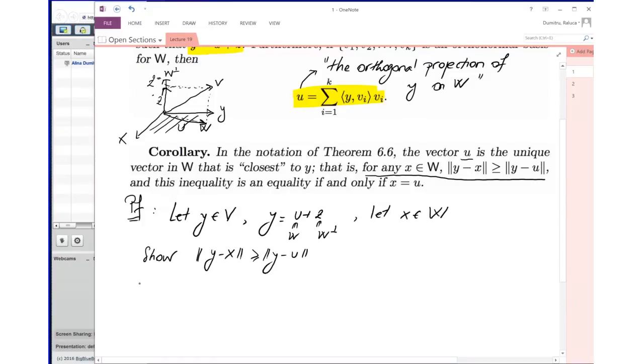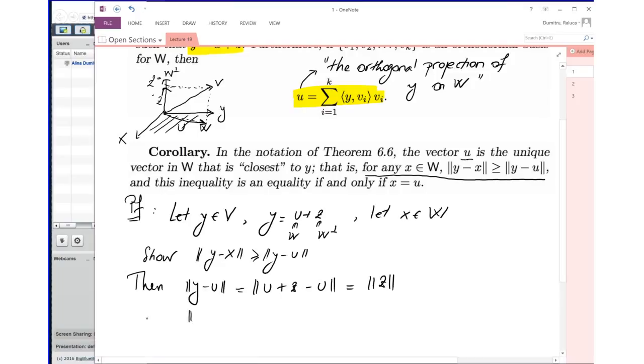Okay, so let's start with the norm of y minus u. Well, y is u plus z. That's basically just the norm of z.